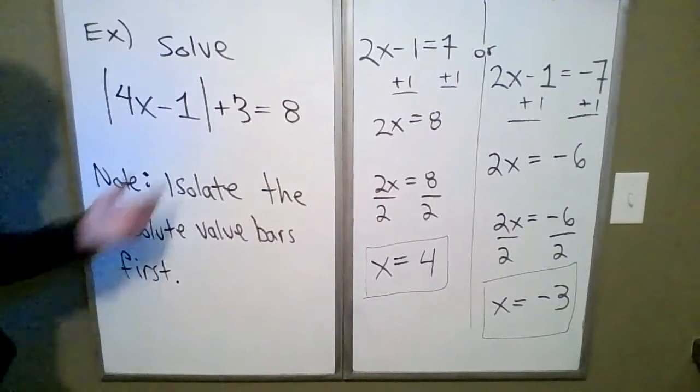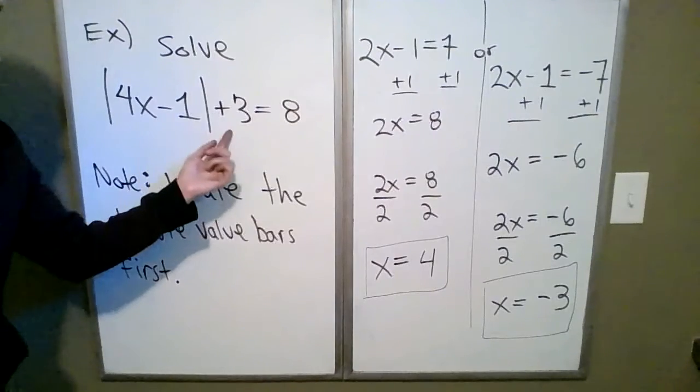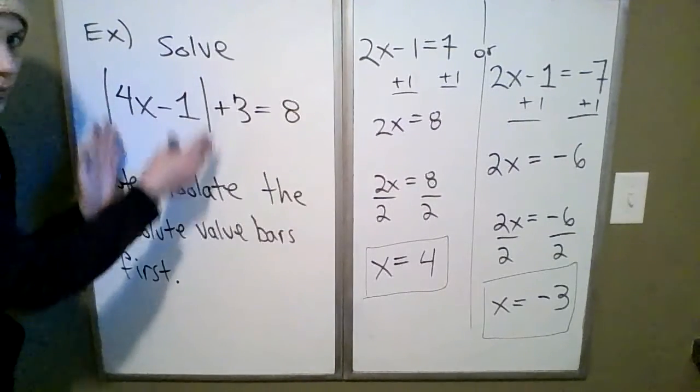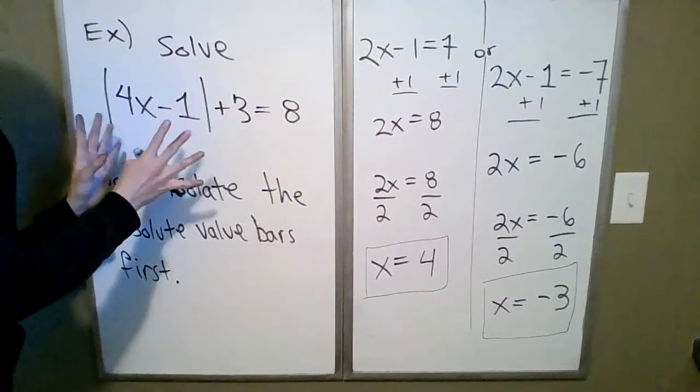Okay, so it's kind of easy. We just take this 3 and subtract a 3 from each side, and then the absolute value bars are going to be isolated.